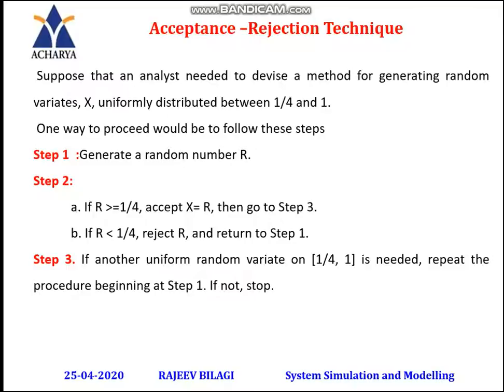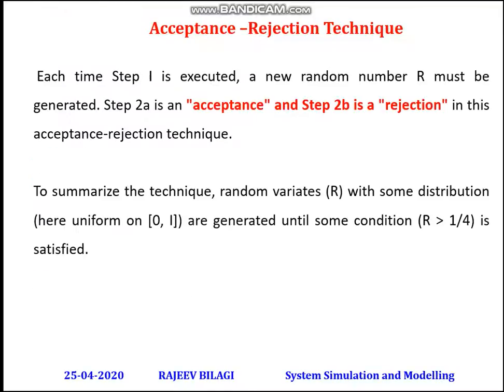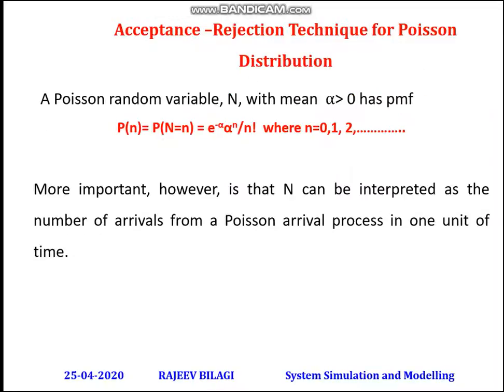Now with this concept, we are going to explain the acceptance and rejection technique for Poisson variates. In the Poisson distribution, we assume the Poisson random variable p of n is given by e to the power of minus alpha, alpha to the power of n by n factorial, where n is equal to 0, 1, 2.